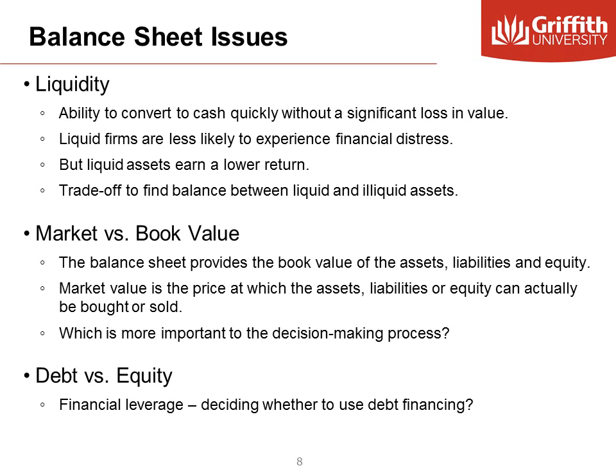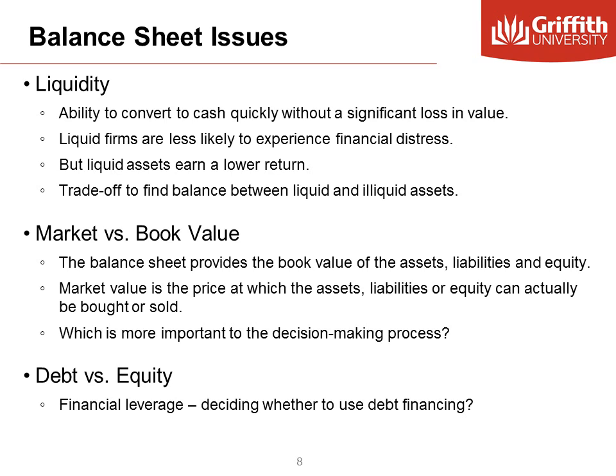Moving on to the concept of market versus book value. We know that current assets and current liabilities generally have book values and market values that are very close because they are very liquid. This is not necessarily the case for other assets, liabilities, and equity of the firm. Assets are listed at historical cost, less accumulated depreciation.